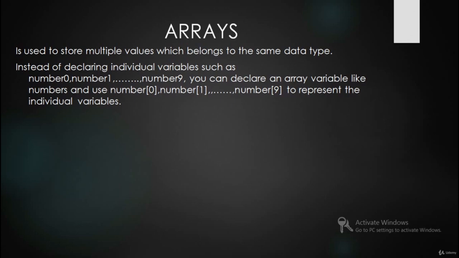Instead of declaring the individual variables such as number0, number1, number2, number3, up to number9, you can declare an array variable like numbers and use numbers[0], numbers[1] to numbers[9] to represent the individual variables. So let's explain this with a diagram.